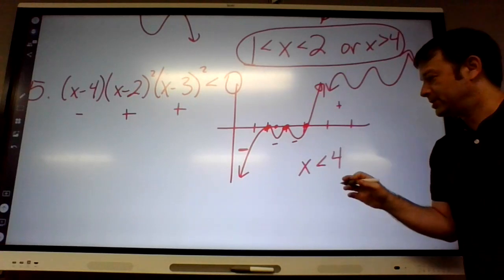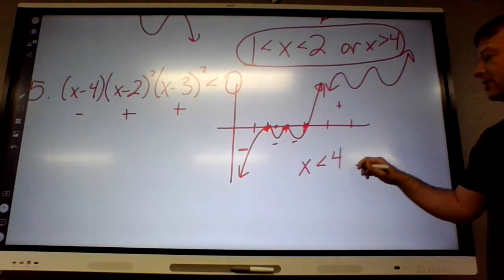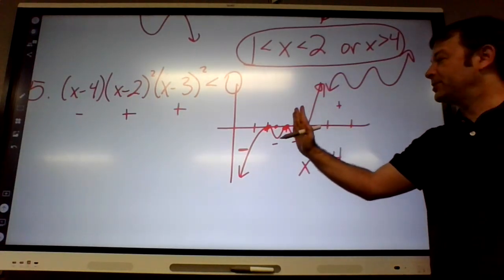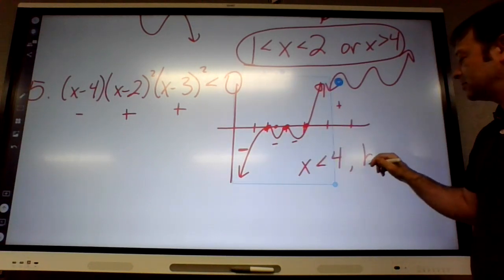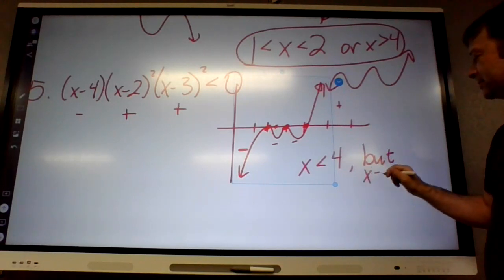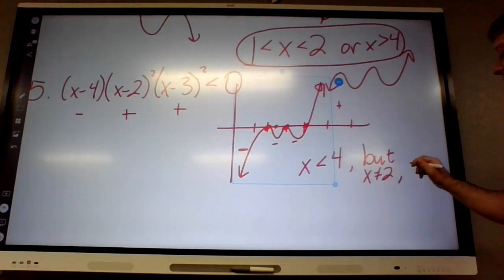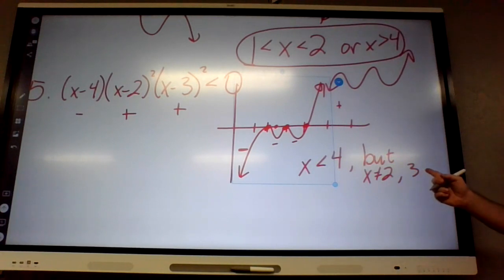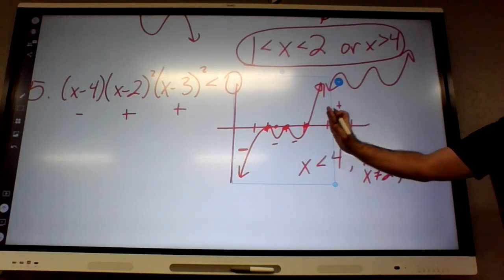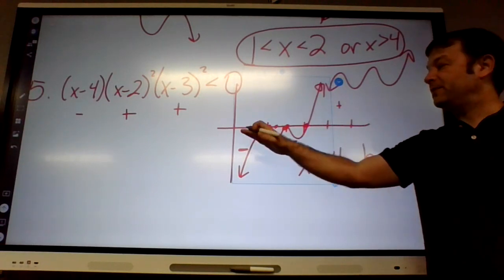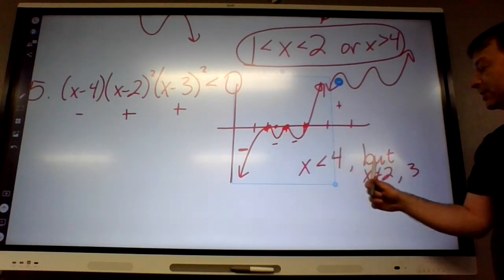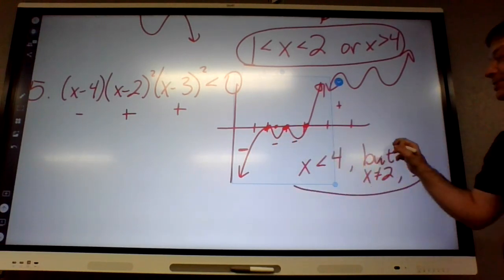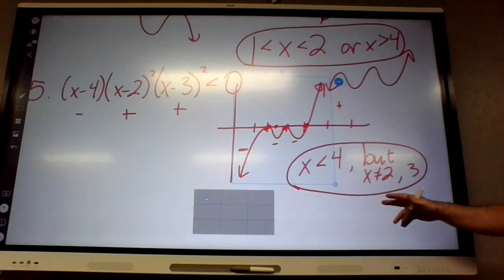X is less than 4, all these are less than 0, but x cannot equal 2 or 3. Does that make sense? All these values for x, the function is negative, except for at 2 and 3, so you kind of make these little exceptions. You could write it a different way, but that's the easiest way to write it.